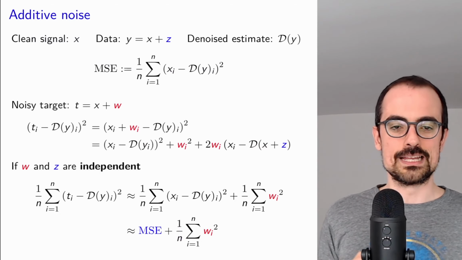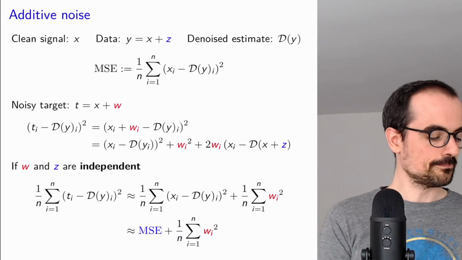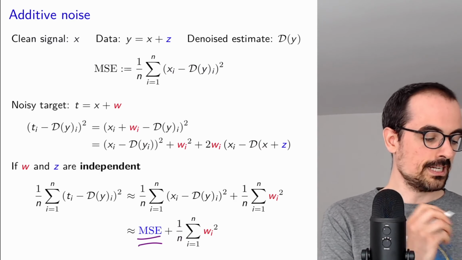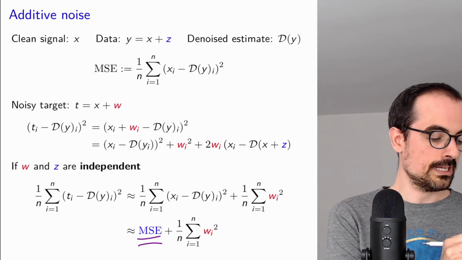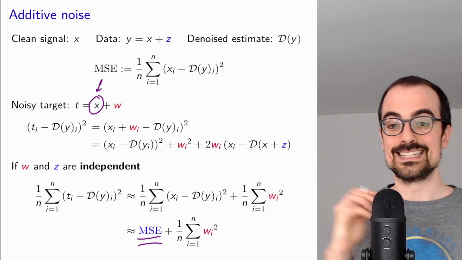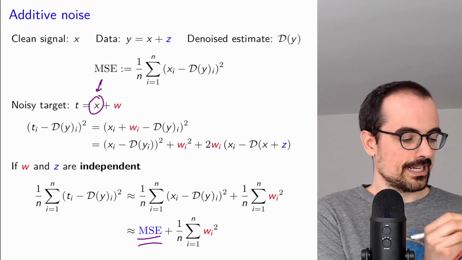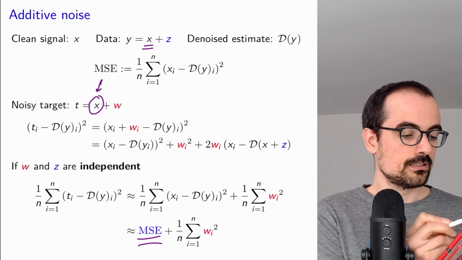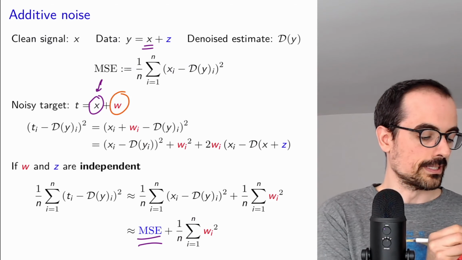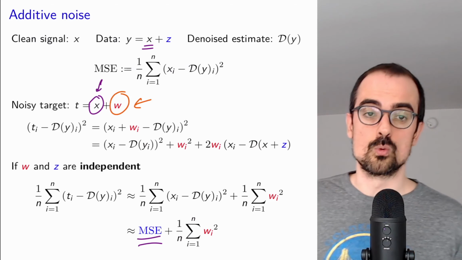Okay, we're actually minimizing the MSE. Of course, this is provided that we have access to noisy targets where the clean signal is the same as in the data and the noise is independent. Under that assumption, this actually works out.